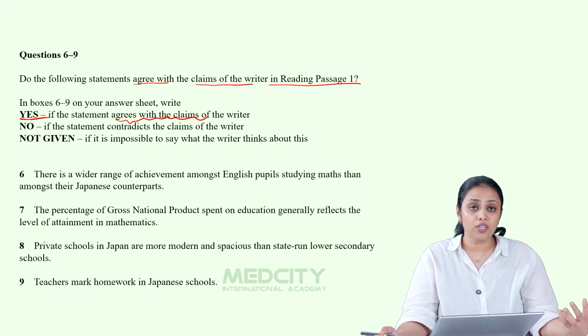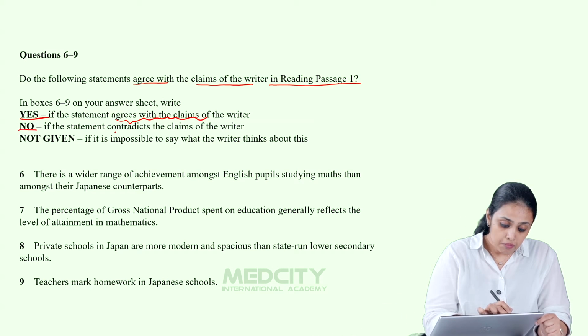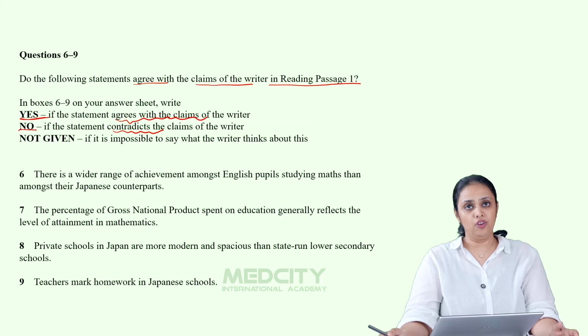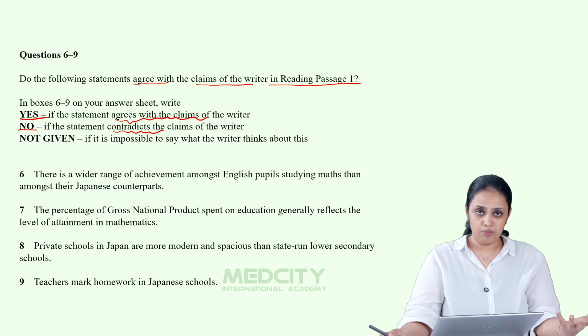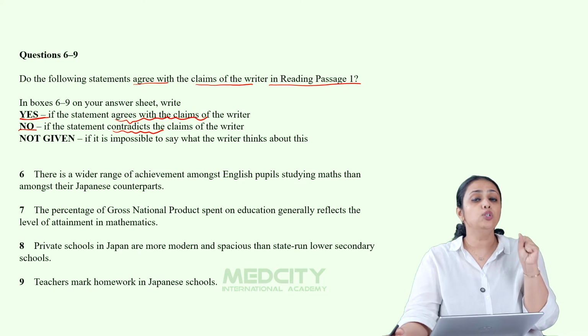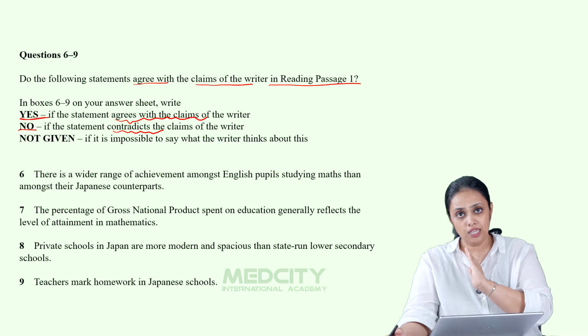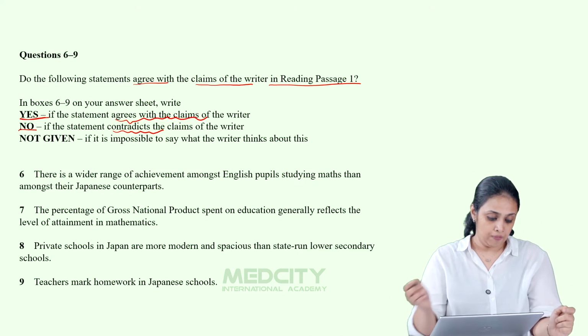By now we know what they mean by agrees with the claim of the writer. No, if the statement contradicts the claims of the writer. Okay, I hope by now we know what they mean by no. Contradict means we get evidence from the passage opposing what has been claimed in the given statement.